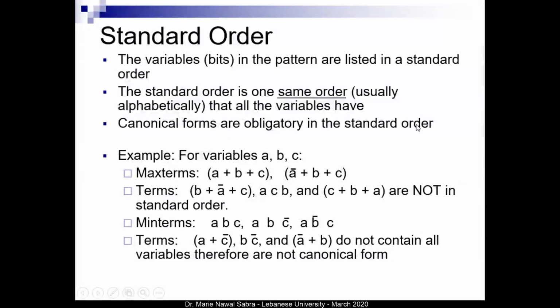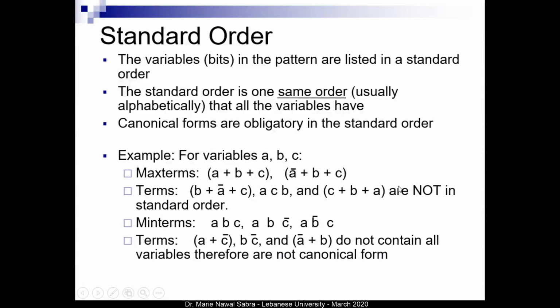When you talk about the standard order, we are talking about the order in which we have to list the min-terms so that we can compare them together. It is a convention, so we have to abide by it. If we choose that the variables are in alphabetical order, this is what we use. So these are terms that are correct, and terms like this, even though they give the exact same value, are not in the standard order.